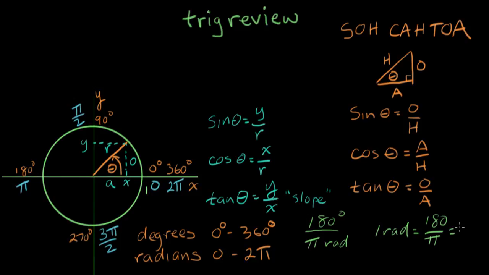If you plug that in the calculator, it'll come out to roughly 57.3 degrees. So 1 radian is a little above 45 degrees. It looks about like that. We don't use this very often. Mostly we talk about radians in terms of multiples of pi because it makes more sense on this circle. But just to let you know, that's roughly 1 radian.